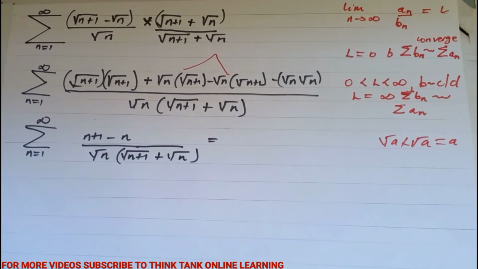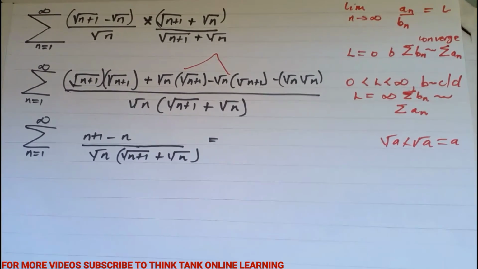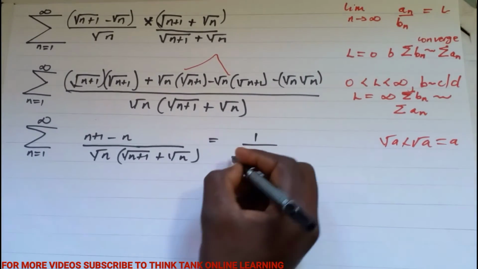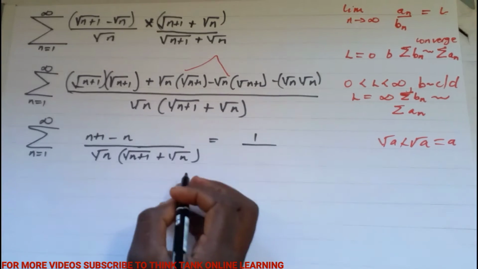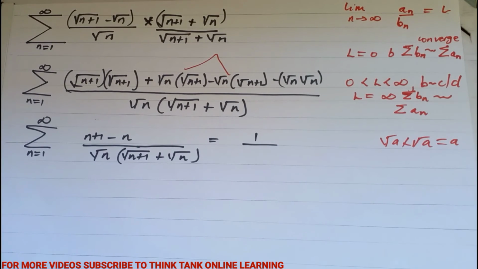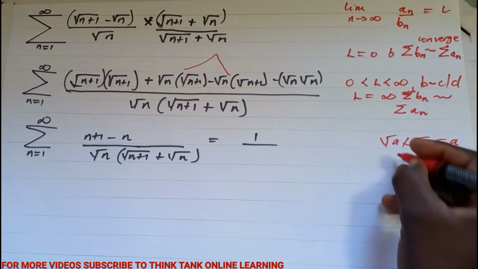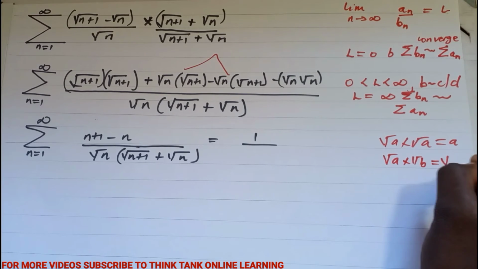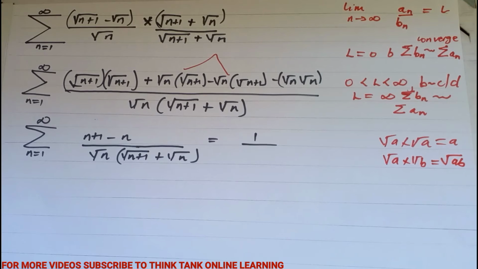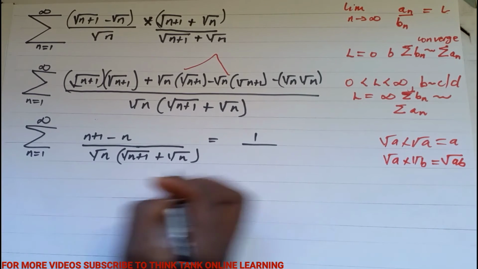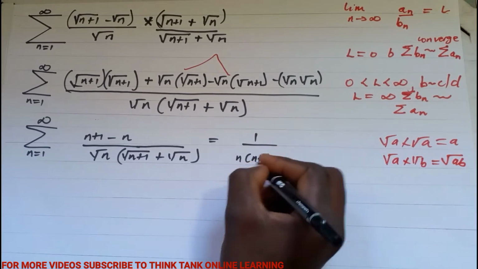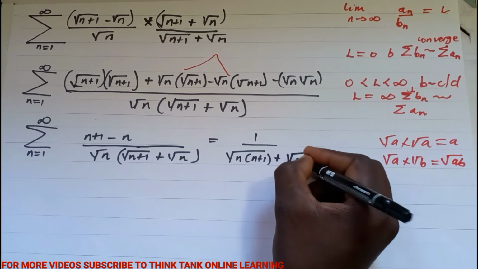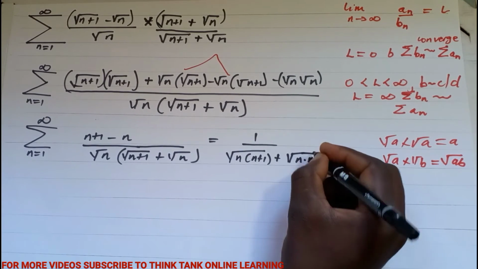And we have succeeded. n minus 1, n minus n, it's now 0. So I'm left with root, let me expand here. If we're given root a times root b, that is the same as saying root ab. So what I'm going to do is say n plus 1, under the square root, plus root n times n.